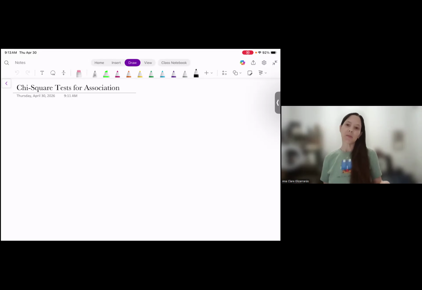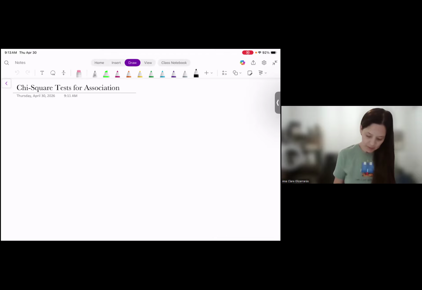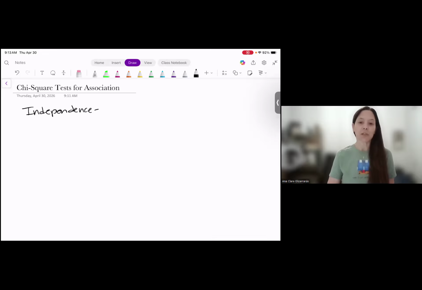Then we have other types of chi-square tests where we talk about tests for association. And there's two names for association that are typically used. One is independence, and one is homogeneity.